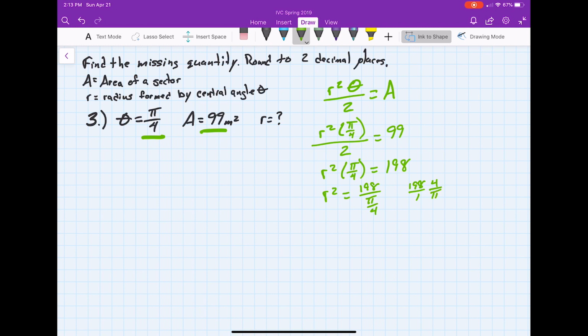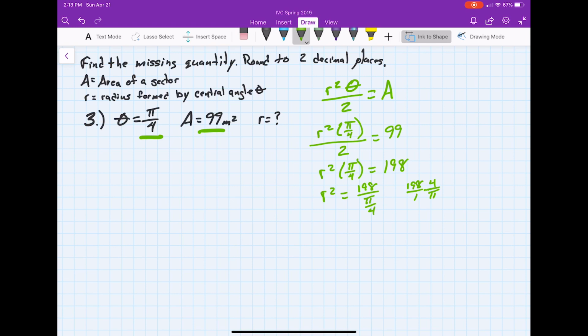So we get 198 times 4, which is 792, so that'll be 792 over pi. Now, r squared equals that, so r would equal the square root of 792 over pi.